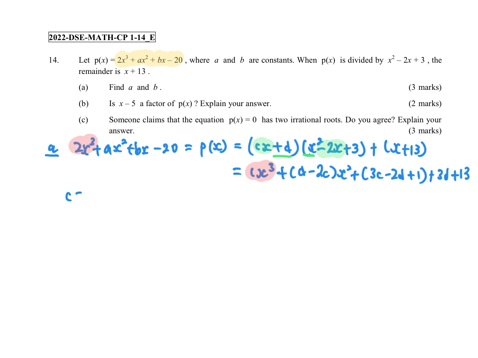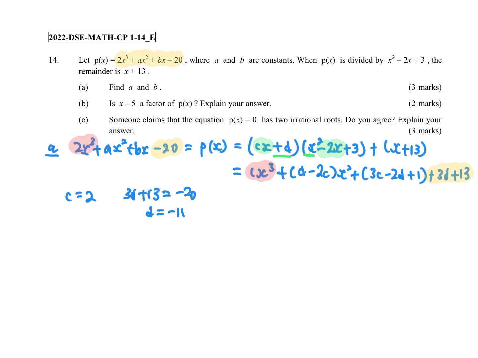So c equals 2. Then we can also figure out the constant term. Now we have 3d plus 13 equals negative 20. So negative 33 divided by 3, that's why d equals negative 11.